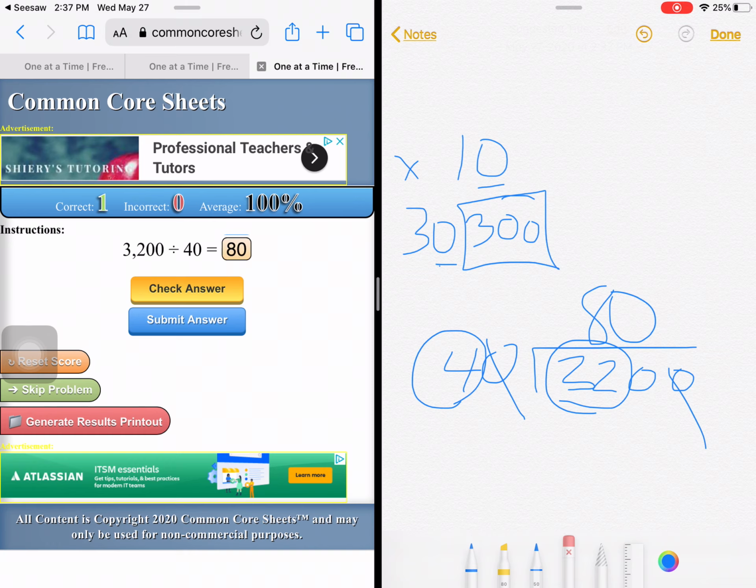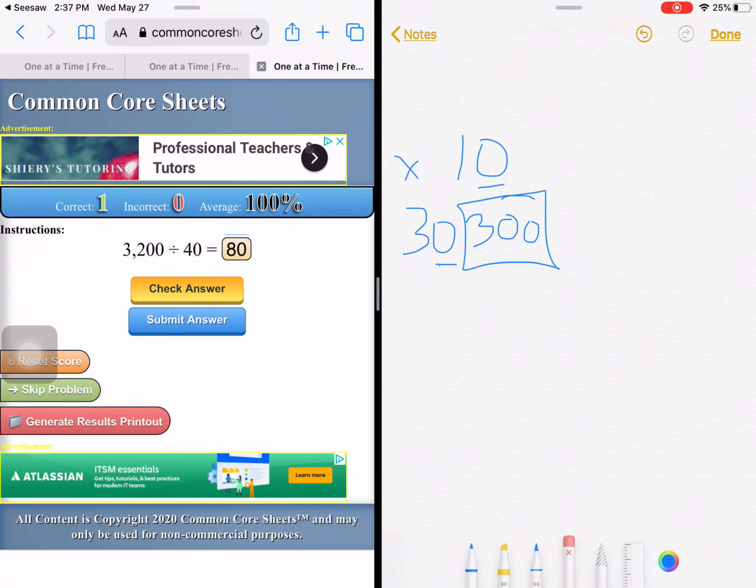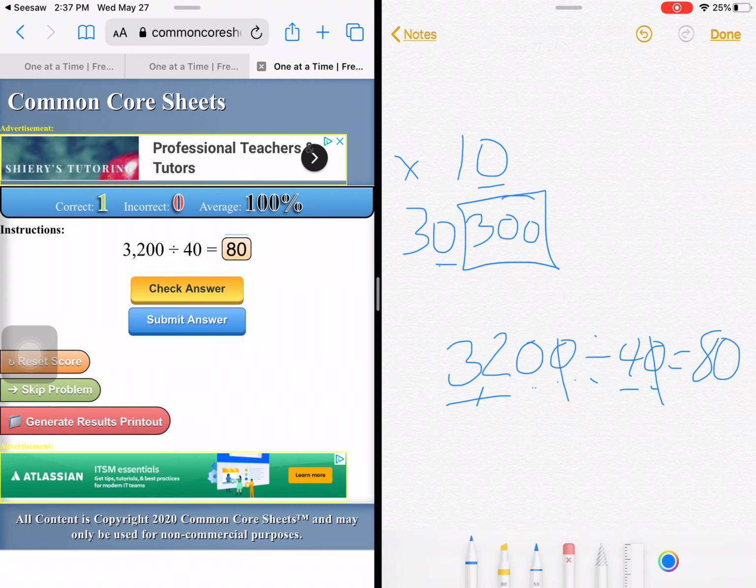So let me show you that one again, just so you can see what I mean. I went 3,200 divided by 40, and so I went 32 divided by 4 is 8, and then I have 1 0 here but 2 here, and so I'm gonna take that 1 away, and that would leave 1 0.